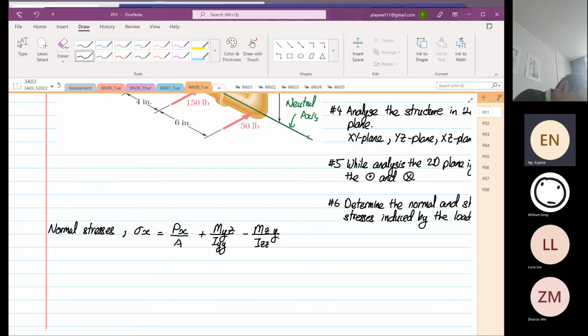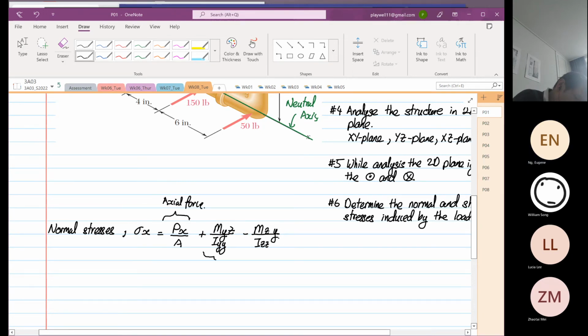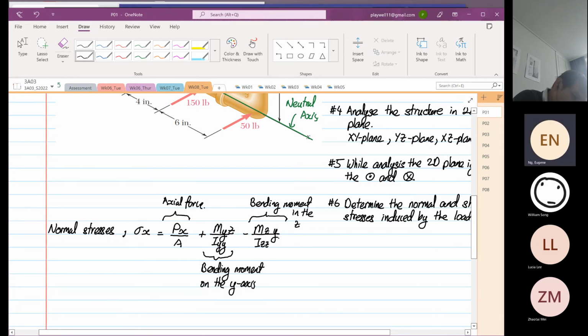As you can see in this formula, this is induced due to axial load or axial force. And over here, bending moment on the y-axis, and then over here, bending moment in the z-axis.